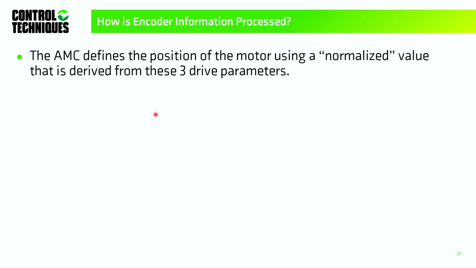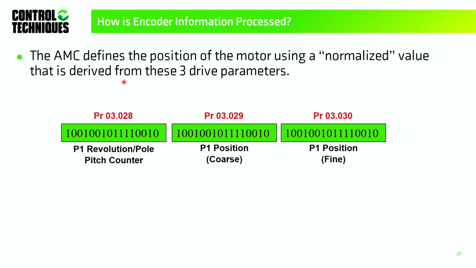So the AMC defines the position of the motor using a normalized value that is derived from these three parameters. Menu 3, parameter 28, menu 3, parameter 29, menu 3, parameter 30. These are 16-bit registers. So we have a total of 48 bits that are used as part of the normalization algorithm.